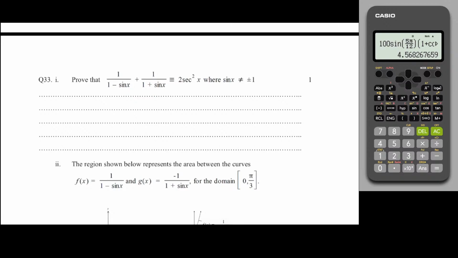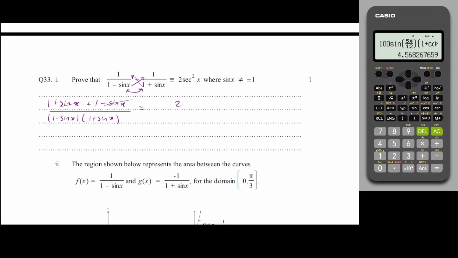To add the fractions, multiply the bottoms, and then cross multiply. So we get 1 plus sine x plus 1 minus sine x over 1 minus sine x, 1 plus sine x. The sine x's on top are going to cancel out.